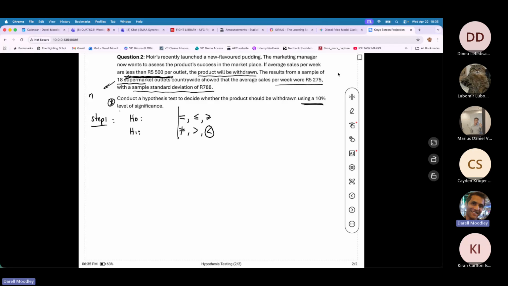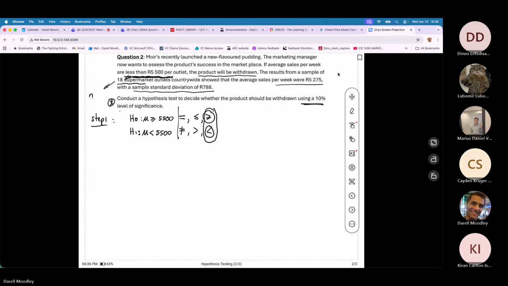So we are testing whether H1, which is mu less than 5,500. That goes to H1. Now, if we choose less than to be H1, then the opposite of that is going to be greater than or equal to. So H0 is the opposite, which is mu greater than or equal to 5,500.